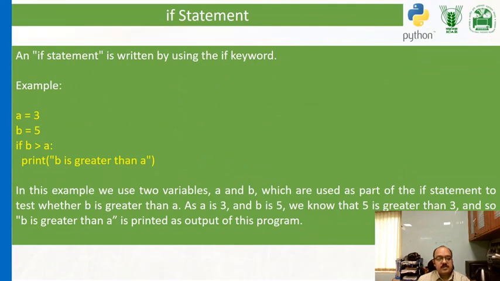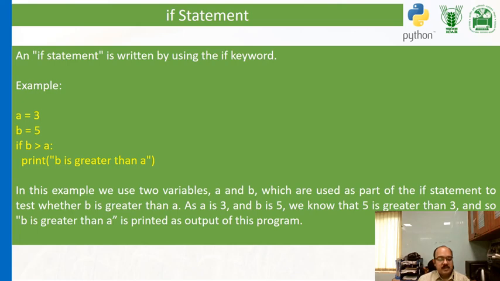First of all, we see the if statement. The if statement is written by using the if keyword. For example, a is equal to 3, b is equal to 5. Then the if condition comes: if b greater than a, we print b is greater than a. Now in this particular example, we use two variables a and b, which are used as part of the if statement to test whether b is greater than a.